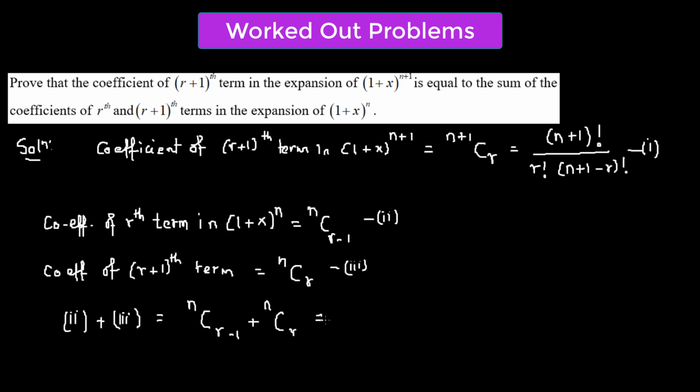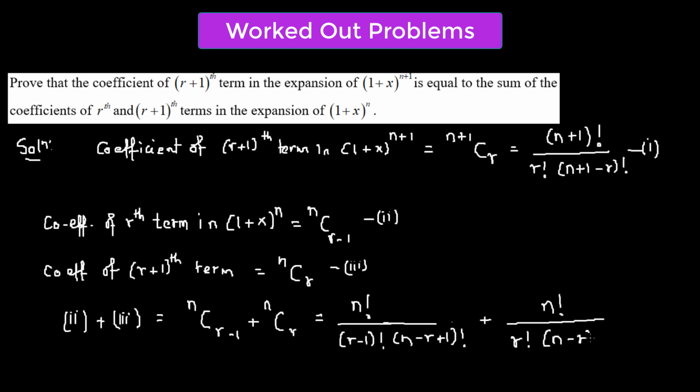nCr, which is equal to n factorial over (r minus 1) factorial times (n minus r plus 1) factorial plus n factorial divided by r factorial times (n minus r) factorial.